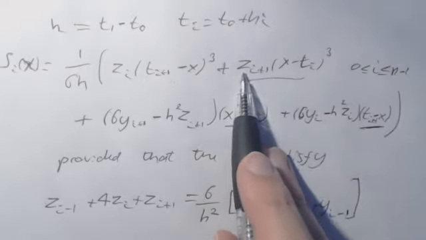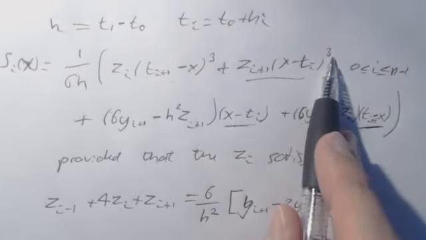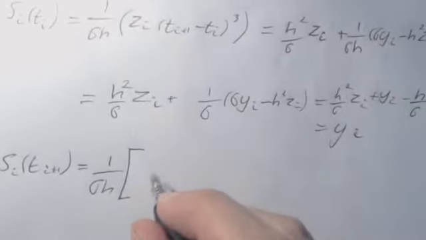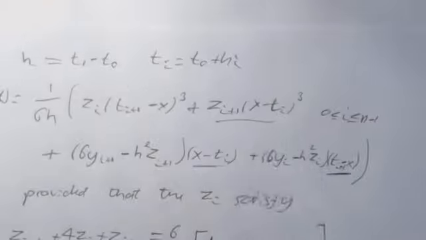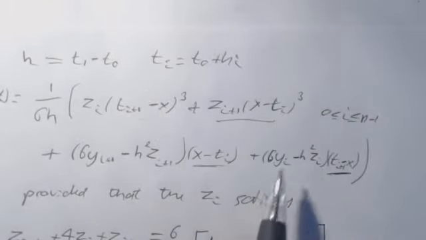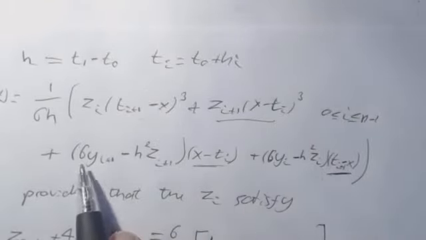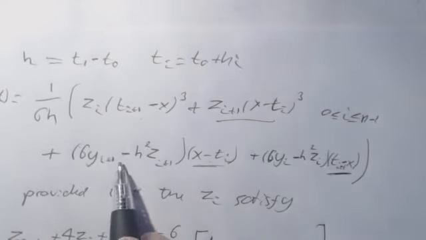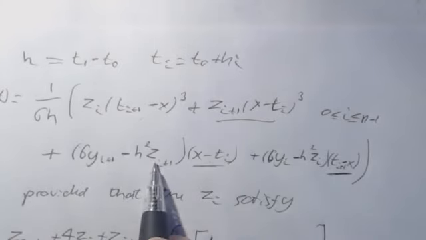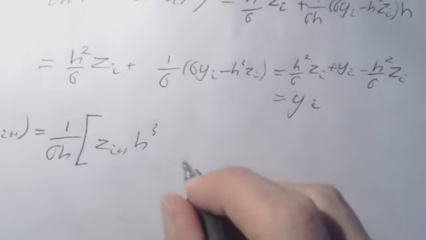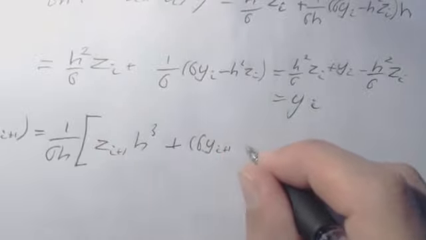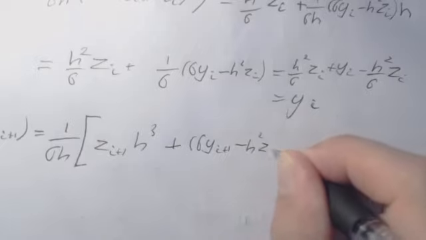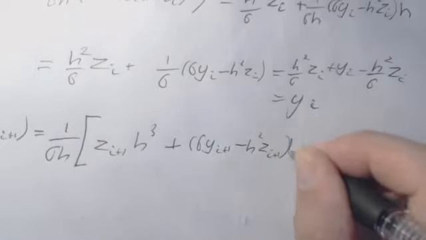So this is going to be zi plus 1 h cubed, plus 6yi plus 1 minus h squared zi plus 1 h.